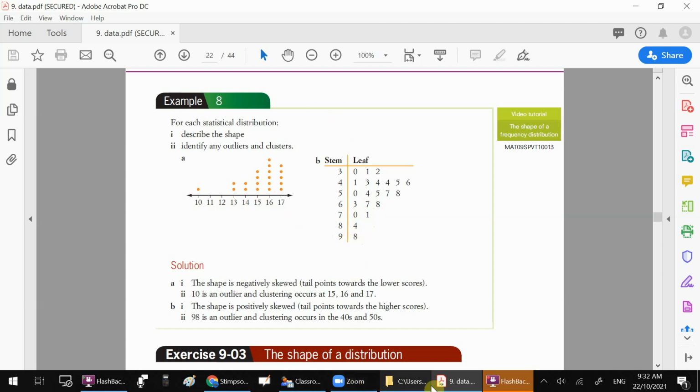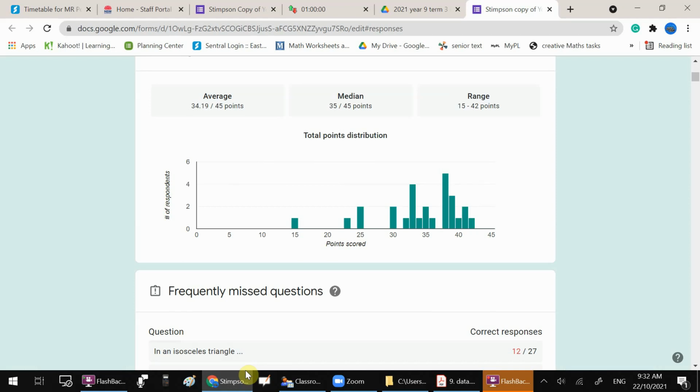And just to show you in another context, here are the marks we got for the last term's test. This is the distribution of the scores. We have an outlier down here. There's the centre there.